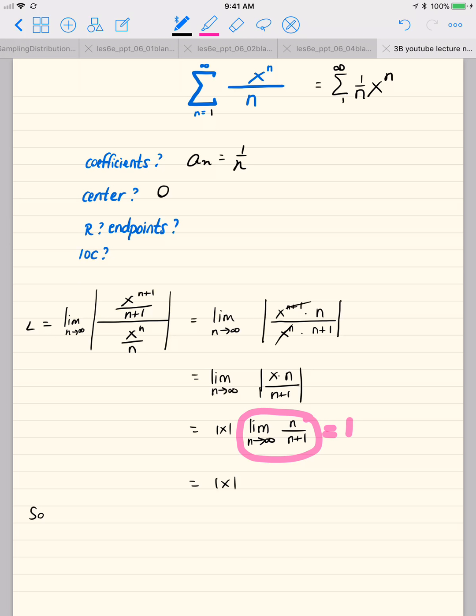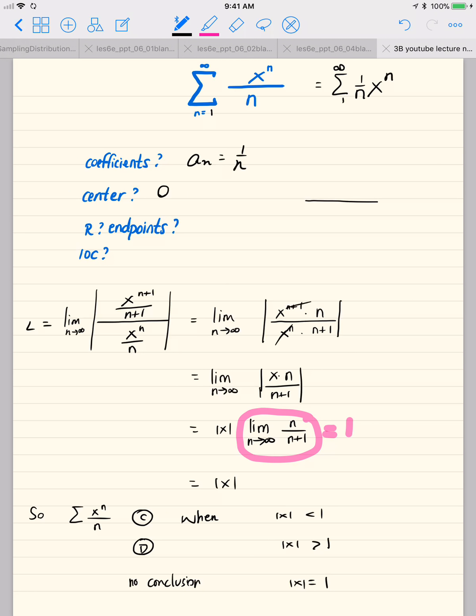So our series converges when the absolute value of x is less than 1. It diverges when the absolute value of x is greater than 1. And we have no conclusion when the absolute value of x is equal to 1.